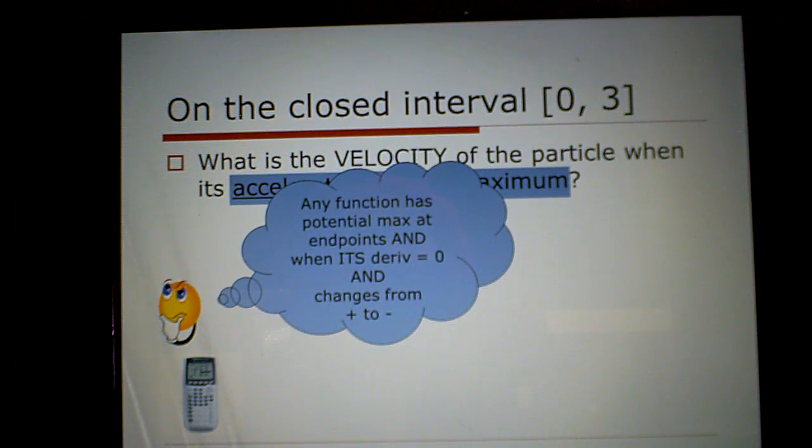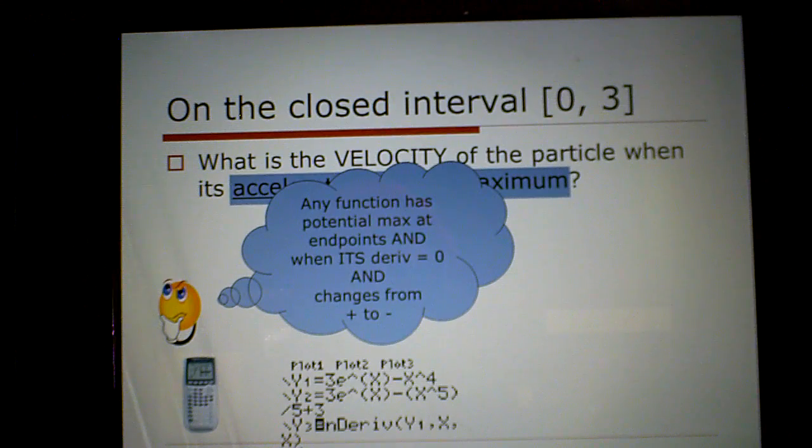So I have my calculator, and I'm going to give you the warm-up function. So notice that in y1, in my calculator, I have velocity. No, dummy, that's not velocity, right?